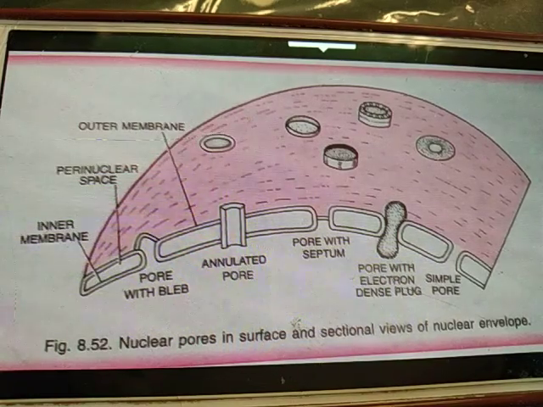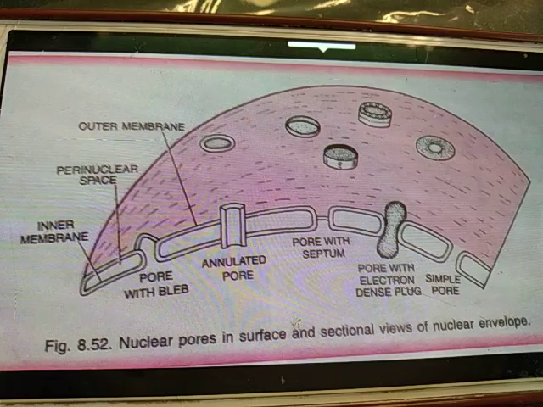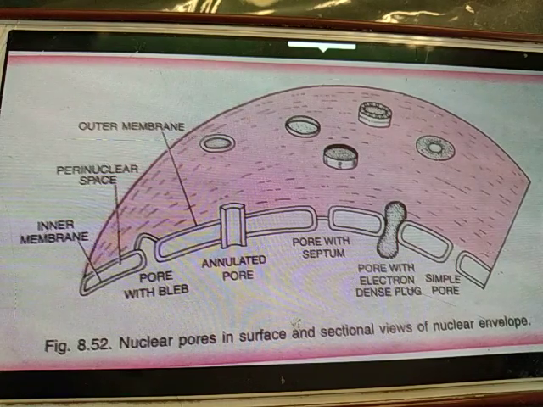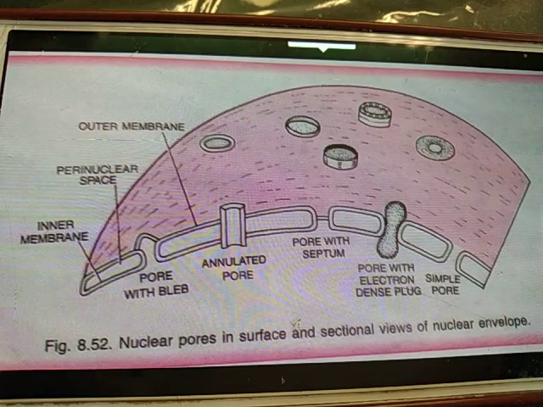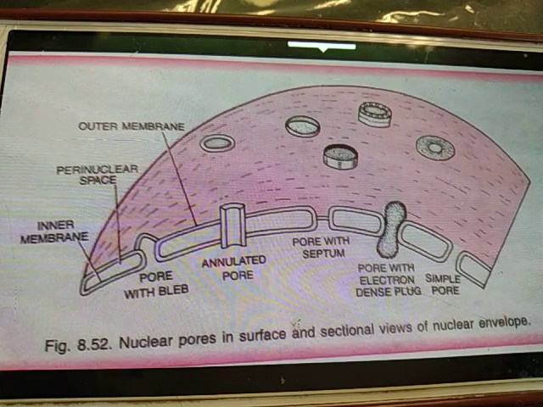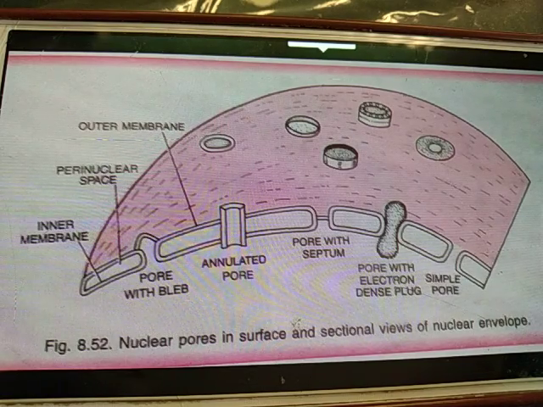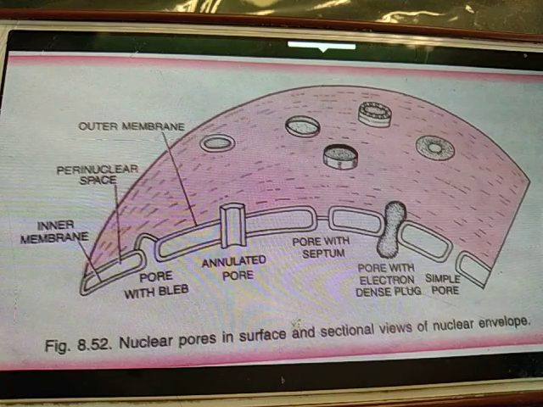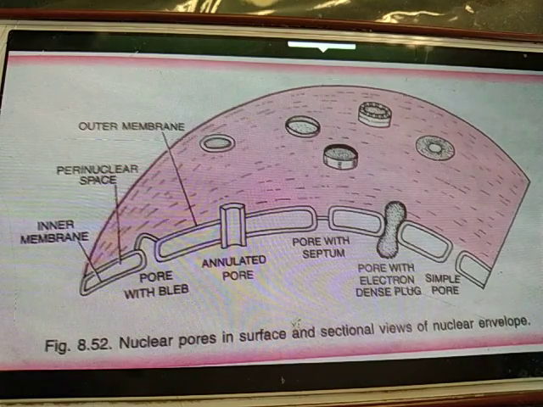Now next we have is the nuclear matrix. It is the network of fine fibrils of acid protein that function as the scaffold for the chromatin. On the periphery below the nuclear envelope, the nuclear matrix forms a dense fibrous layer called the nuclear lamina. Terminal ends of the chromatin fiber, or telomeres, are embedded in the fibrous lamina.